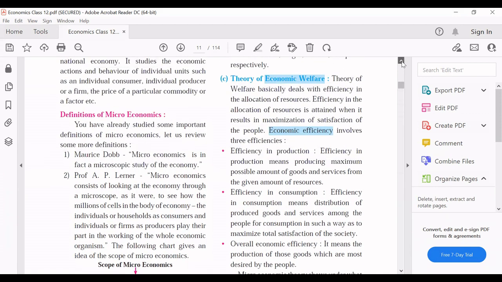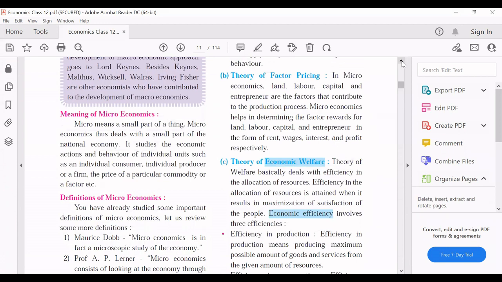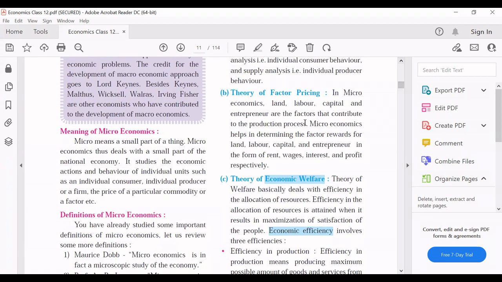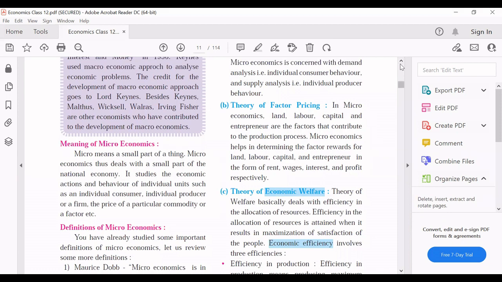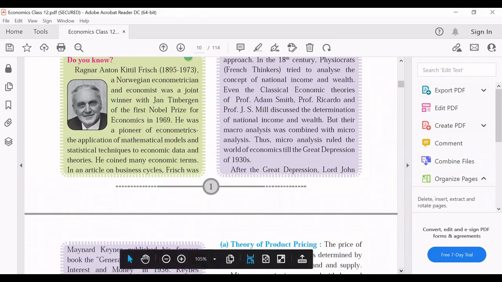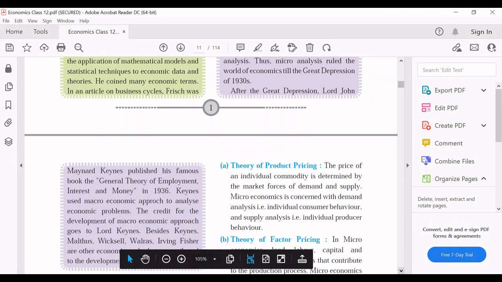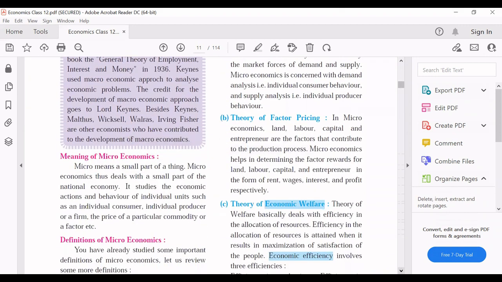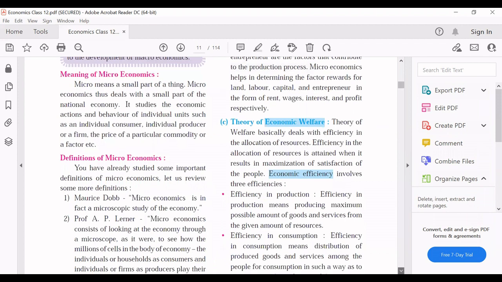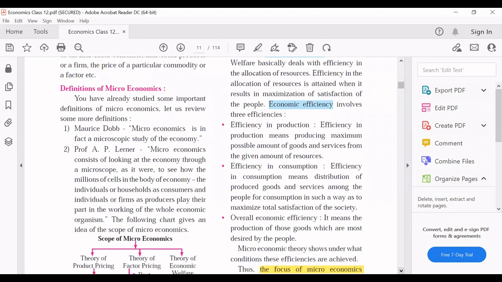Now let's see the explanation of these. As I've said, there are 4 factors of production given over here. In the first part, where we are studying product pricing, it relates to an individual commodity and how its demand and supply work. And over here, you can also see the theory of economic welfare.